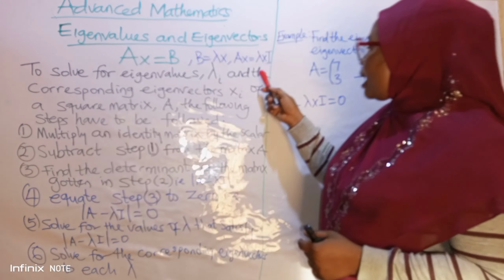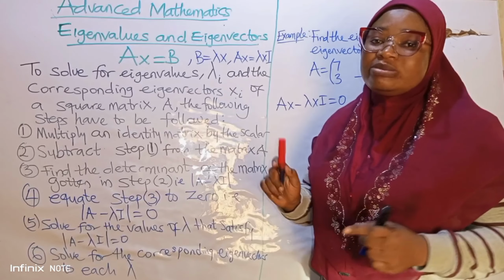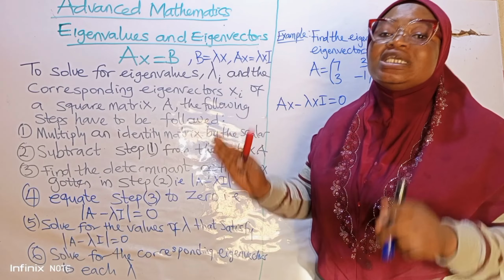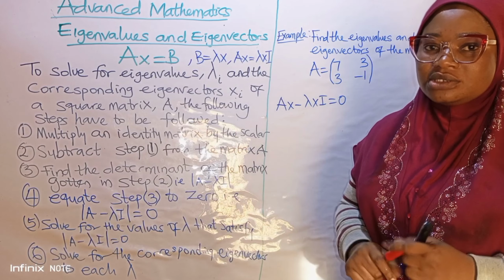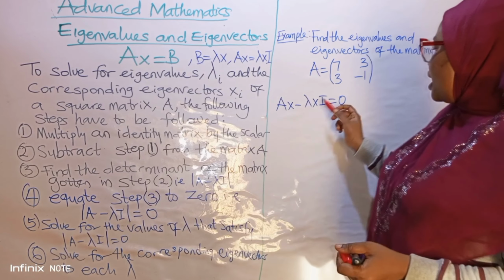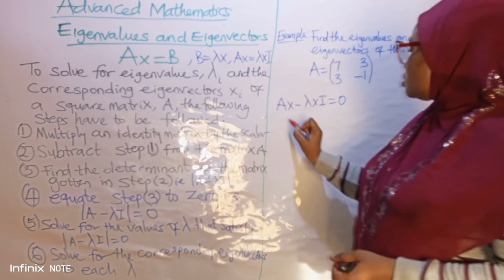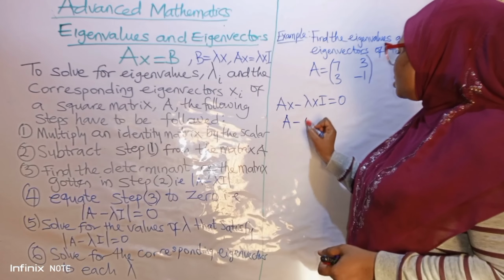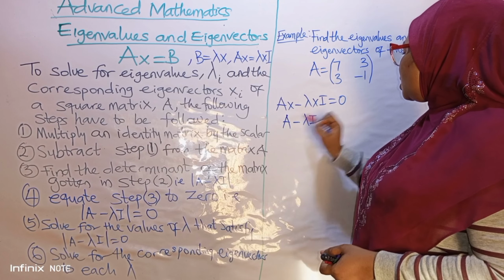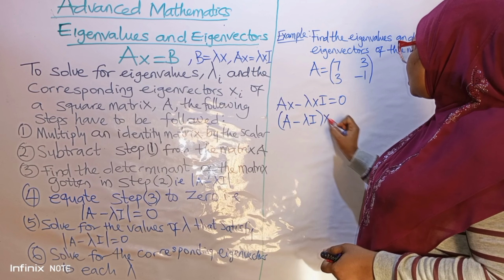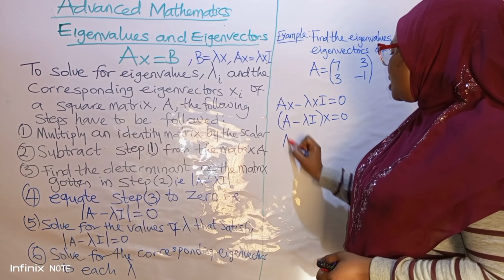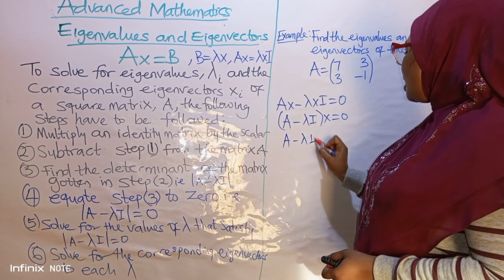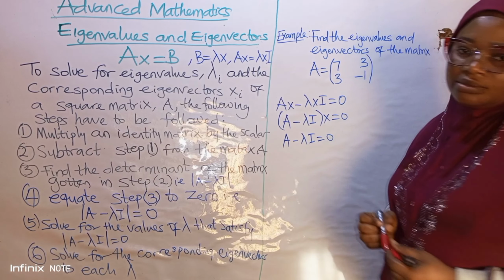If I multiply any matrix by an identity matrix, I get that matrix back, so it has no effect. Here I can factorize x out. So I have (A - lambda I) multiplied by x = 0, which can later be written as A - lambda I = 0.